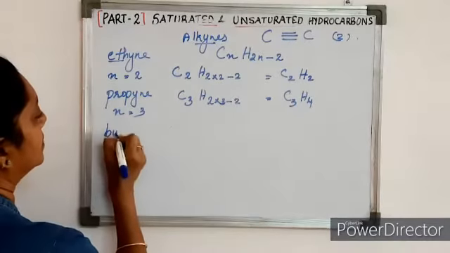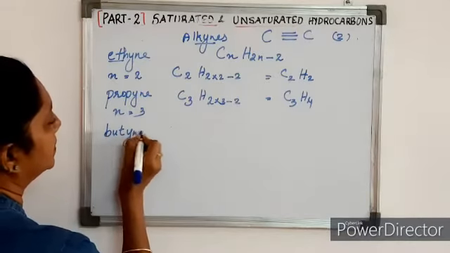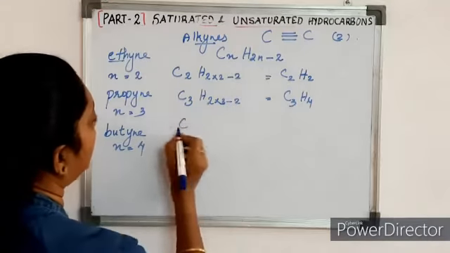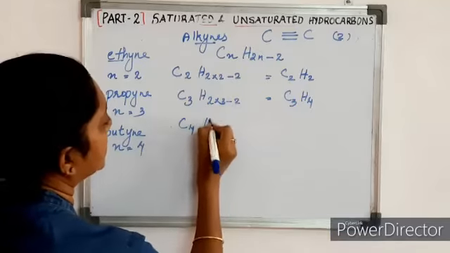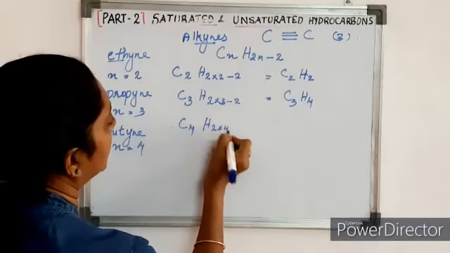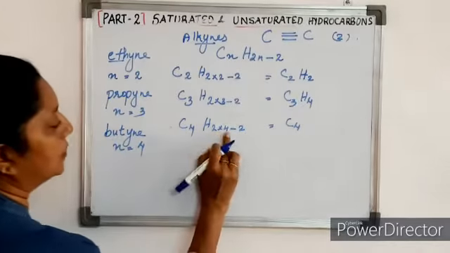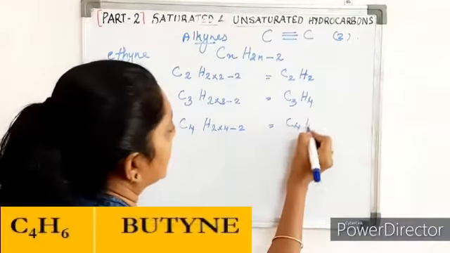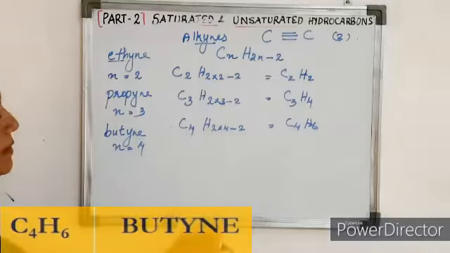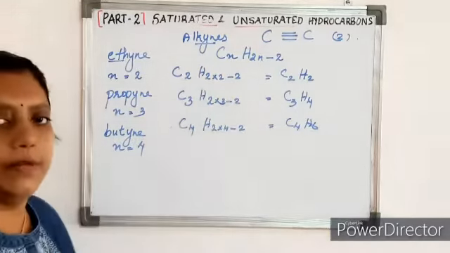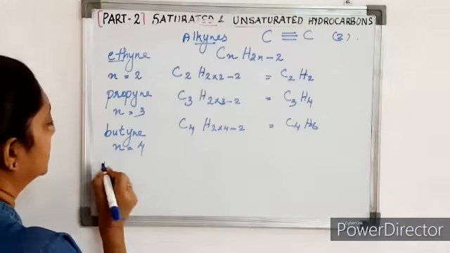Next is butyne. Value of n is equal to 4. C4H(2 into 4 minus 2). That is C4, 2 into 4, 8, 8 minus 2, 6. In this way, we can find the molecular formula for every member of alkyne.